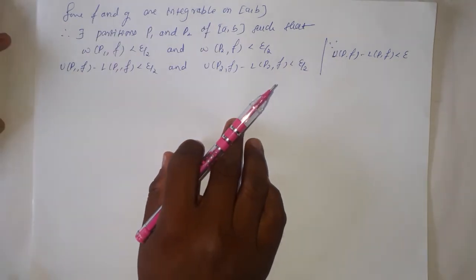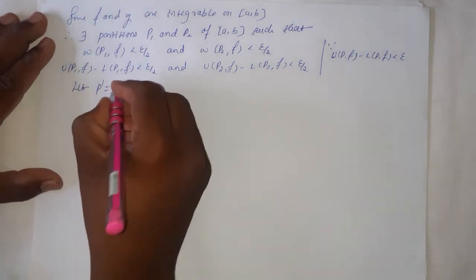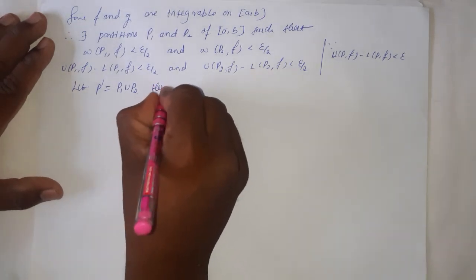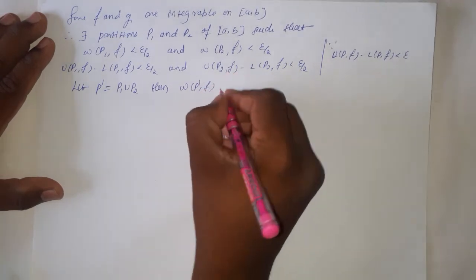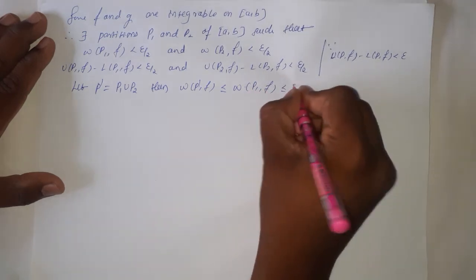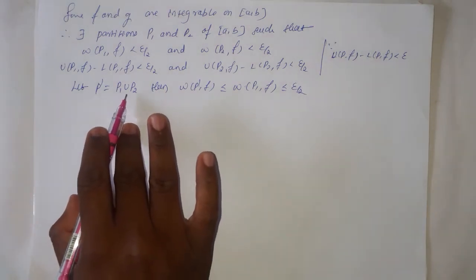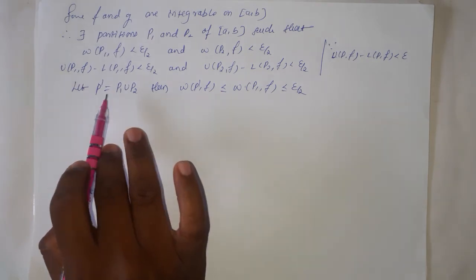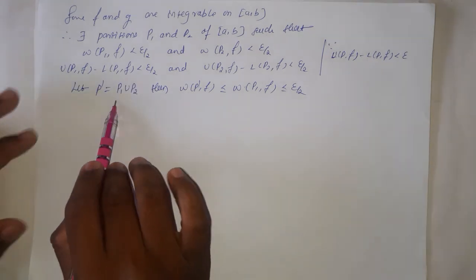Now, let p dash be the union of p1 and p2, then W p dash f is less than or equal to W p1 f, which is less than epsilon by 2. So, here p1 union p2 is nothing but p dash, where p dash is the refinement of p1 and p2, because p dash is a finer partition than p1 and p2.